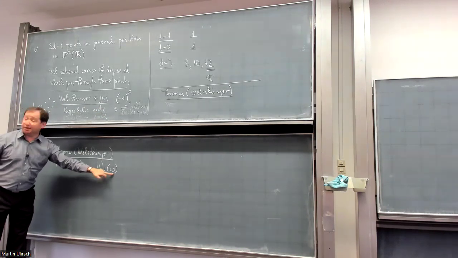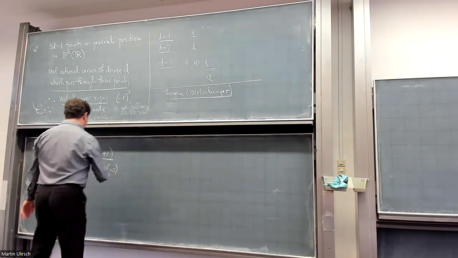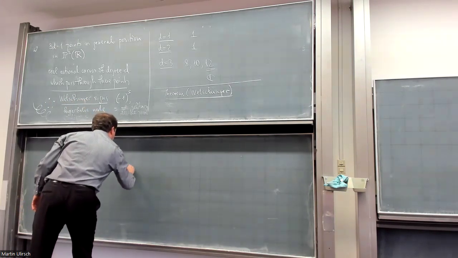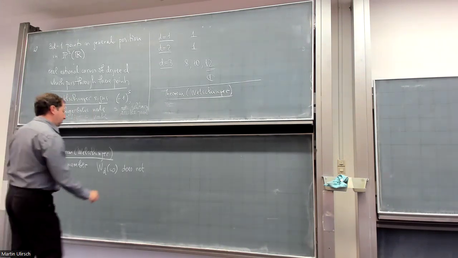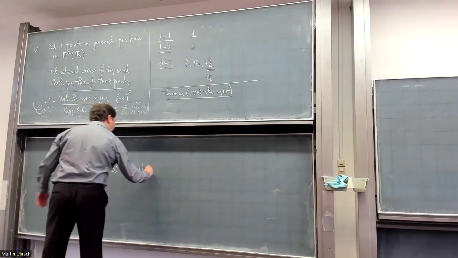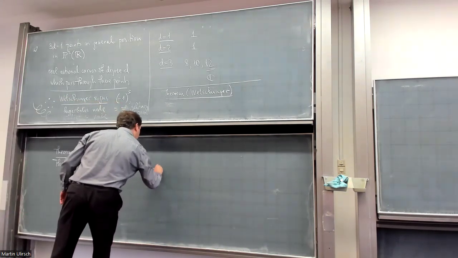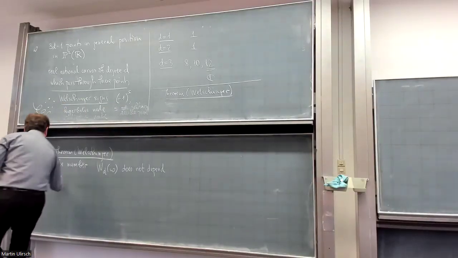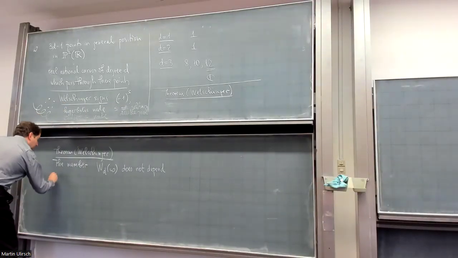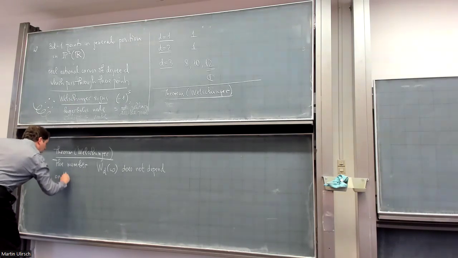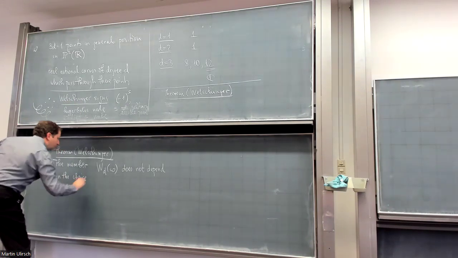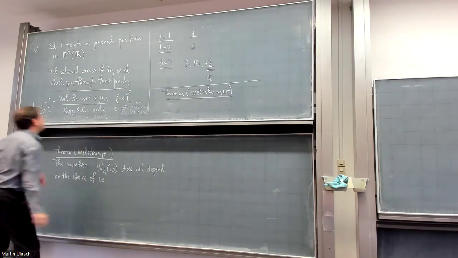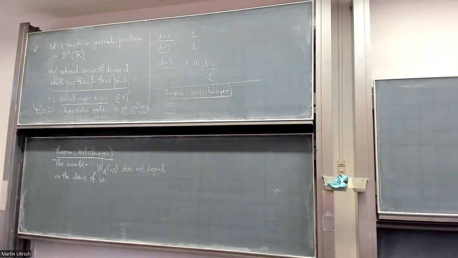So a priori, the result does depend on the collection of points. But I claim that this number does not. So the result of this signed enumeration does not depend on the choice of omega, of this configuration of 3d minus 1 points.